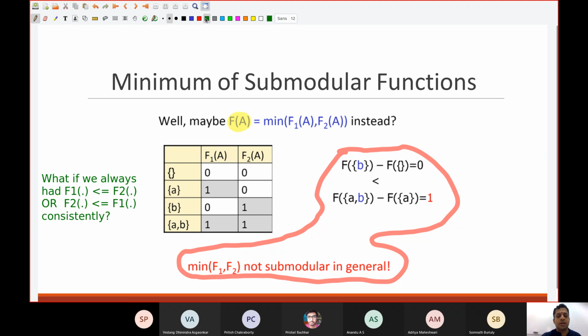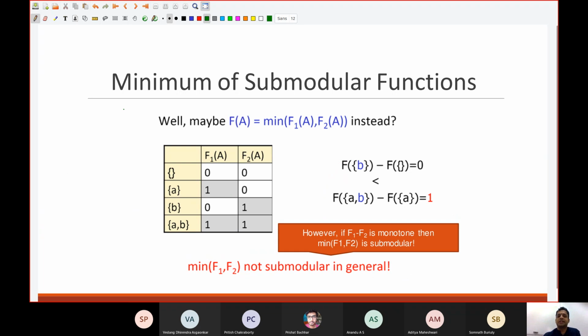Here f1(A) is equal to f. Here f1(A) is greater than. Here f2(A) is greater than. They are not consistently one greater than the other, right? It turns out that your intuition holds in that case. So some credit to you.